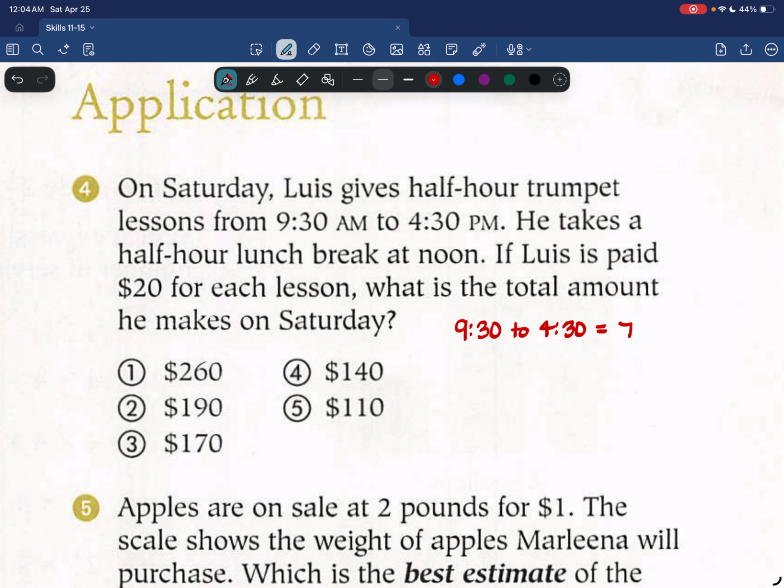That's 7 hours. Then we subtract out his lunch break. That's half an hour. So that leaves me with 6.5 hours for him to do lessons.